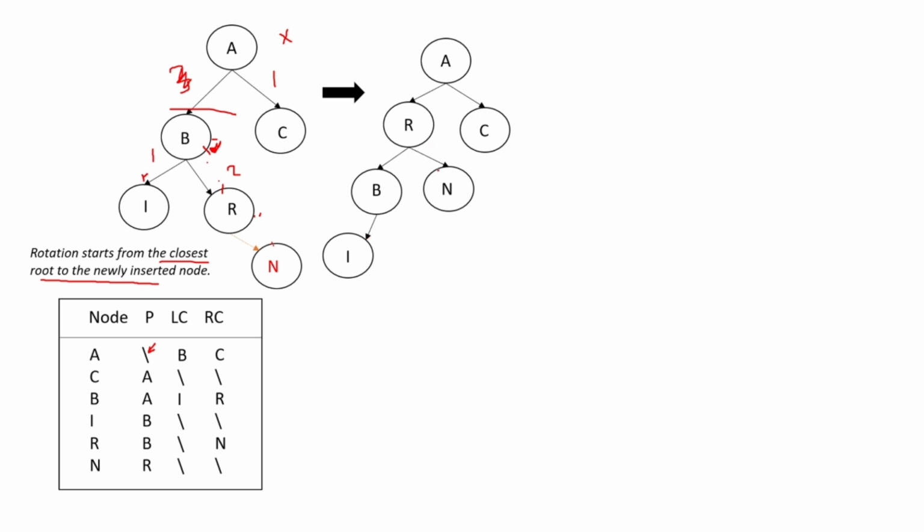So this is the first rotation. But is it height balanced? No, this is still not height balanced because this has a height of 3 and this has a height of 1.